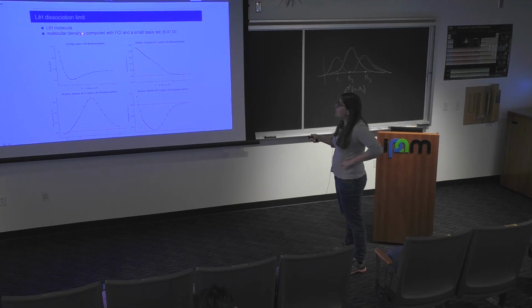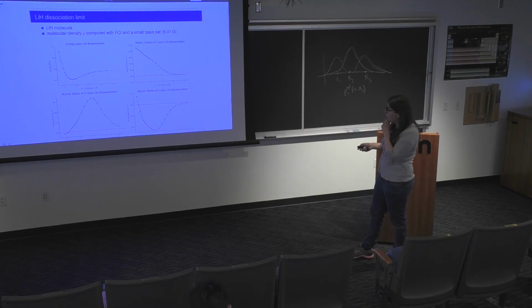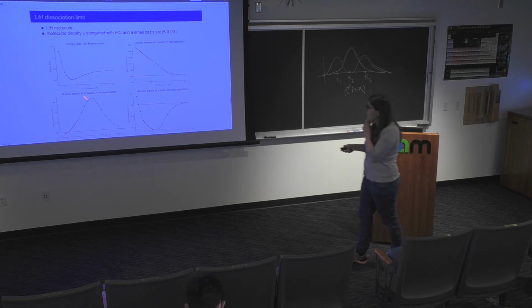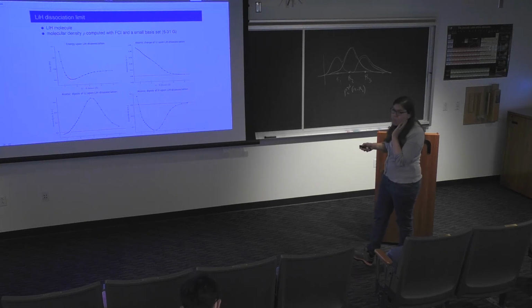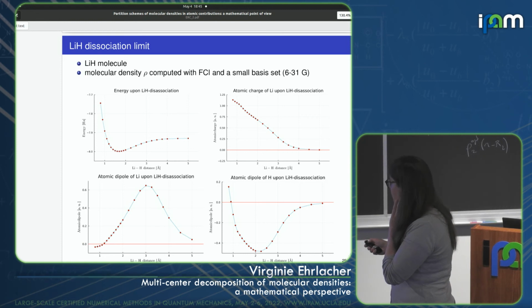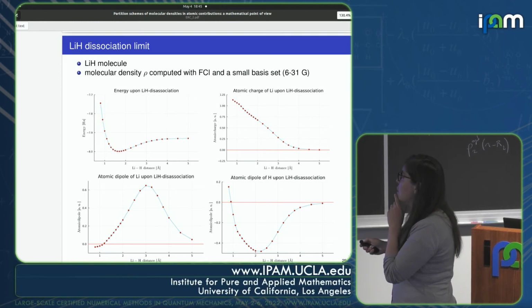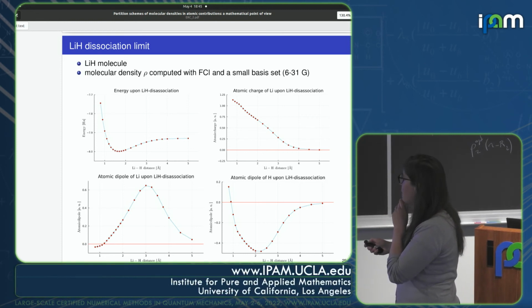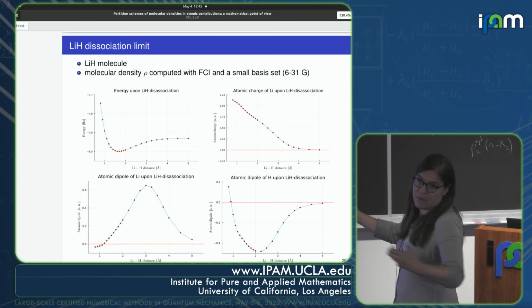For each value of the interatomic distance, he computed rho using an FCI method with a small basis set, 6-31G. And here is what he gets. This is the energy. Since it's a small basis set, you get an equilibrium interatomic distance of approximately 1.7. What he observed is that the partial charge of lithium goes to 0 as the molecule dissociates.